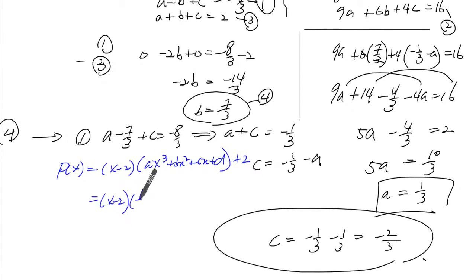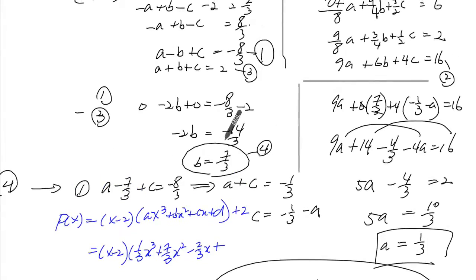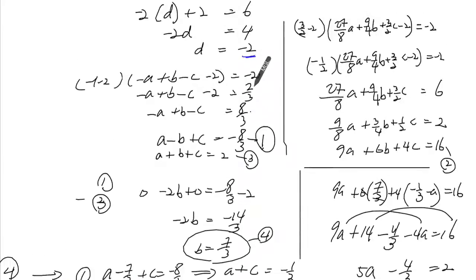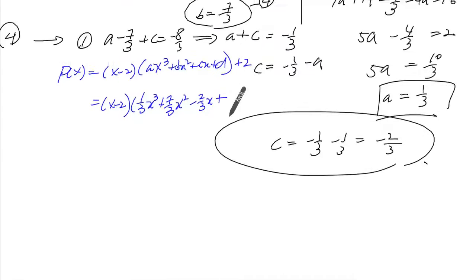A is 1 over 3. B was, where's B? 7 over 3. C is negative 2 over 3. And D, where was D? We found D first, right? Oh yeah, negative 2 plus 2. If you want to simplify, you can factor out 1 over 3 and expand and so on, but I'm going to stop right there.